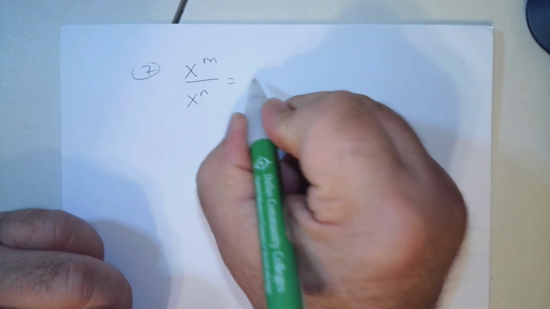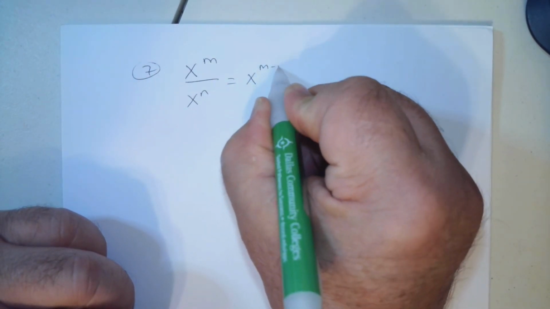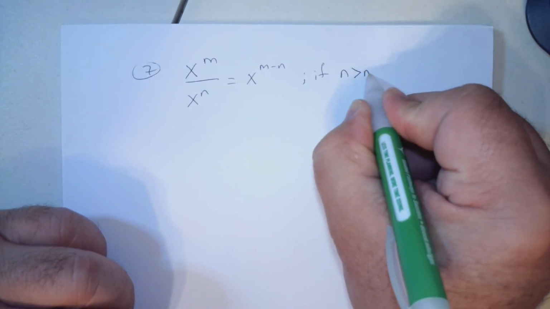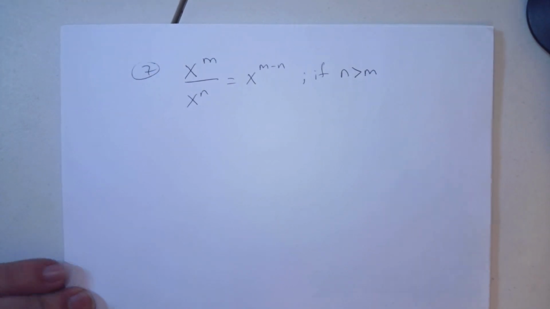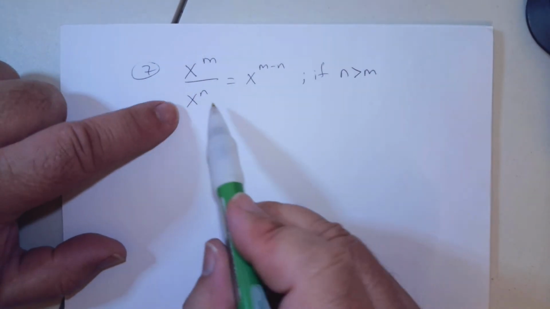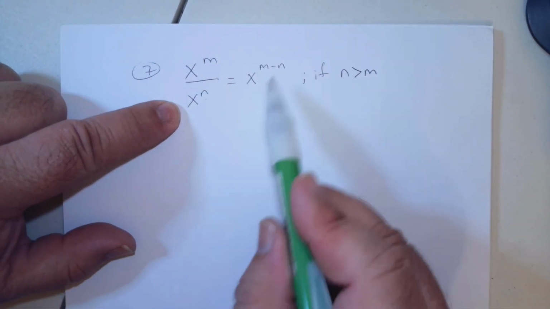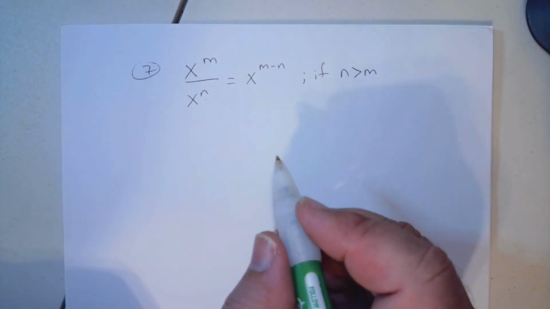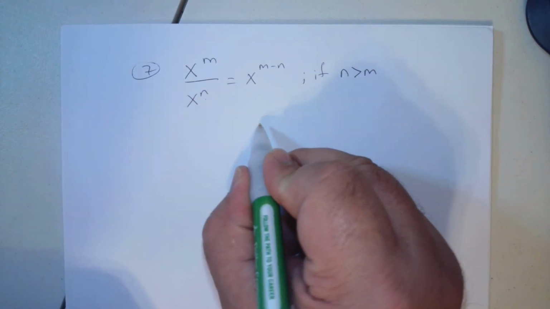X to the m over x to the n. If n is bigger than m. This looks at the last question. Normally, if n is bigger than m, you do it on the bottom. But what if you didn't? What if you put it on top? Look at what happens here.